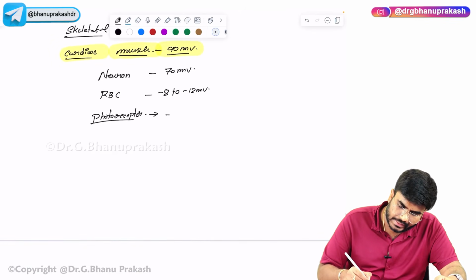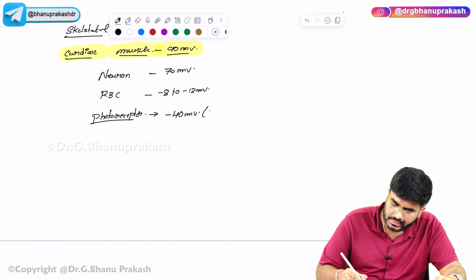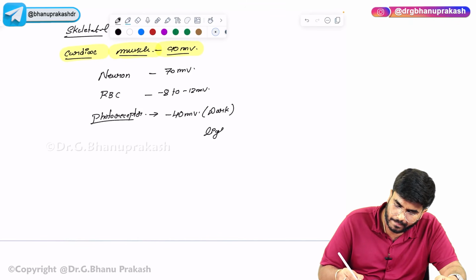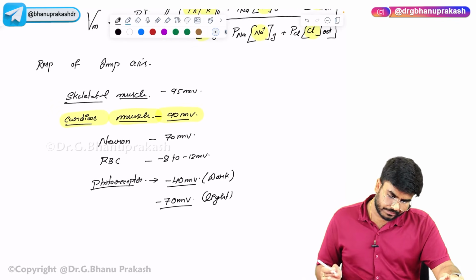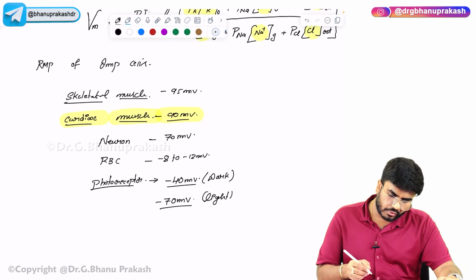Whenever there is light, the resting membrane potential will be minus 40 millivolts. Whenever light is not there, that is the darkness, the resting membrane potential will be minus 70 millivolts. So these are some important resting membrane potentials which you need to know for your exam.